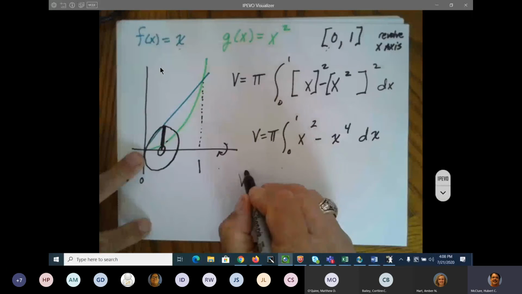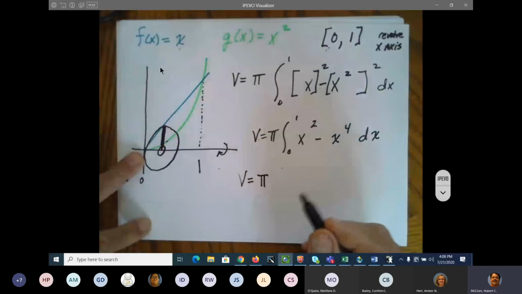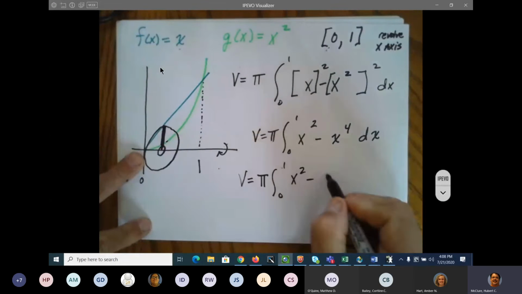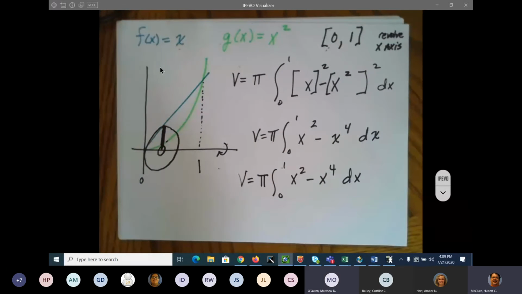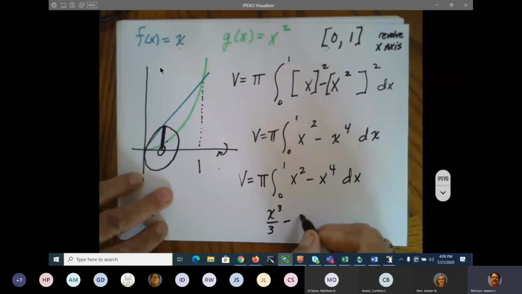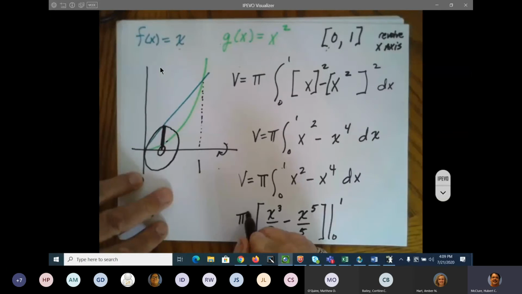So V is equal to pi, and I'm just going to rewrite this, 0 to 1 of x squared minus x to the 4th dx. And now I'm going to take my antiderivative, and that's going to be x to the 3rd over 3 minus x to the 5th over 5, evaluated at 0 and 1 times pi.